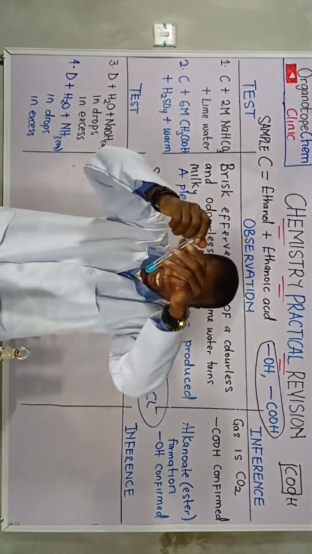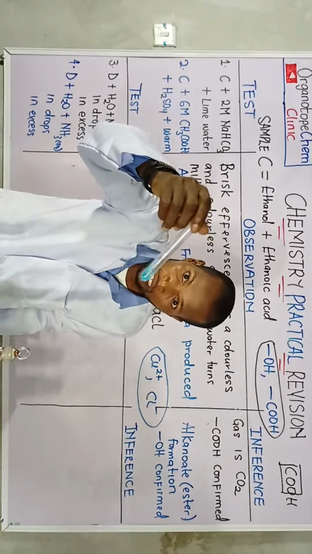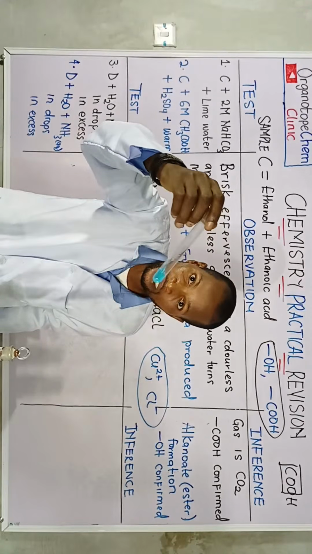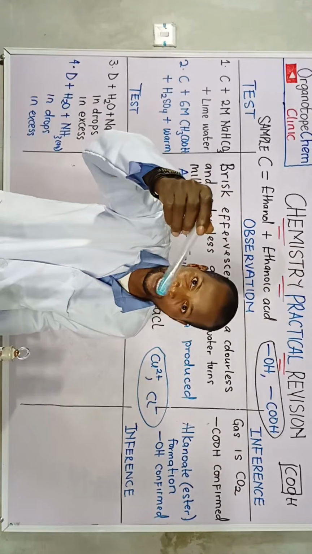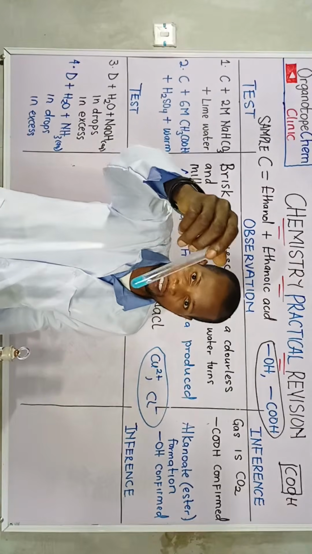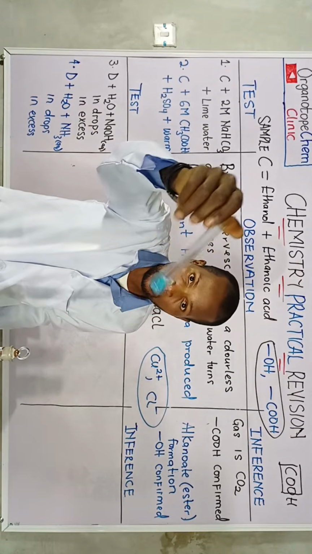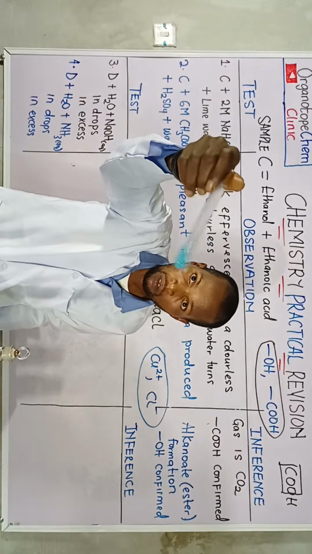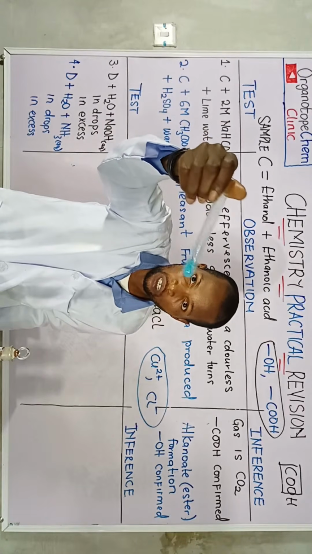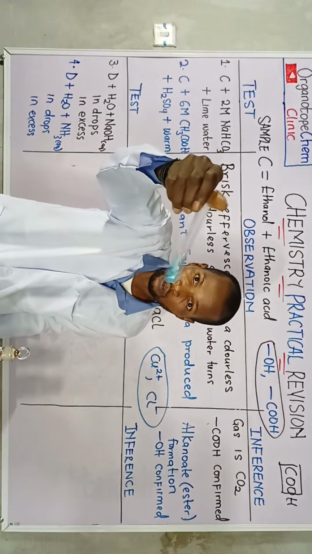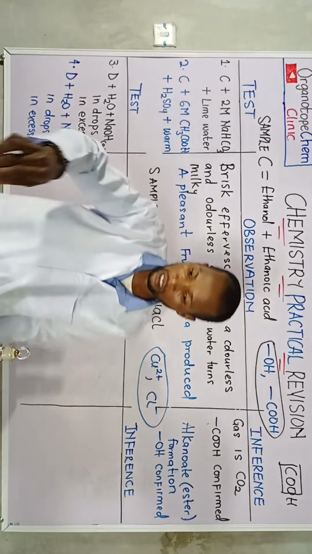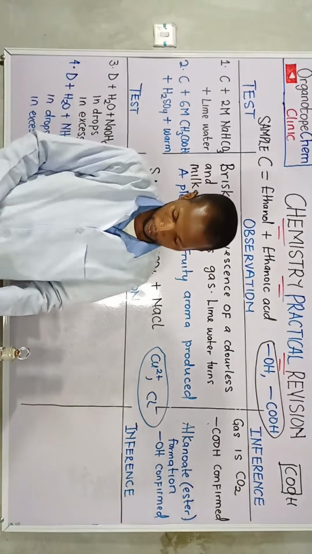I can see tiny particles there, which shows that it is insoluble in excess what? Sodium hydroxide. I can see tiny particles, which shows that it is not a clear solution. So it is insoluble in excess what? Sodium hydroxide. So what do we write?